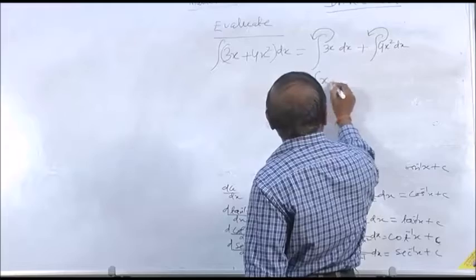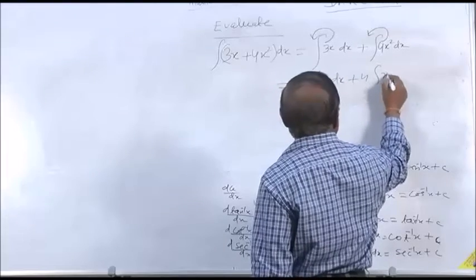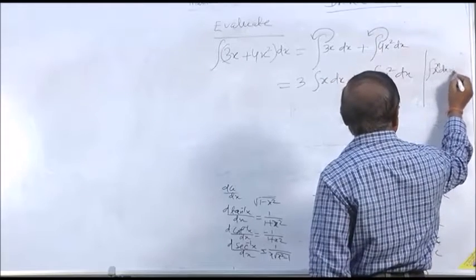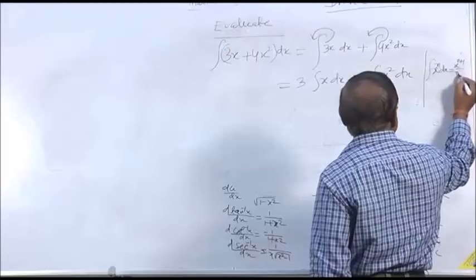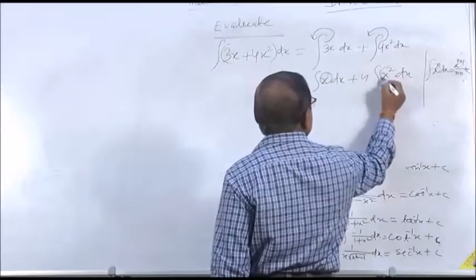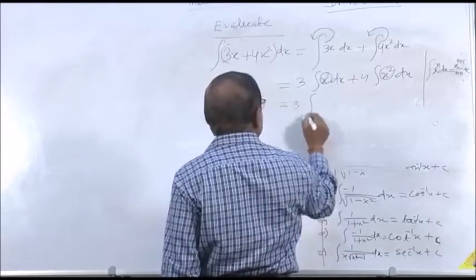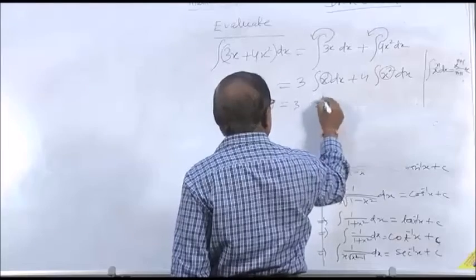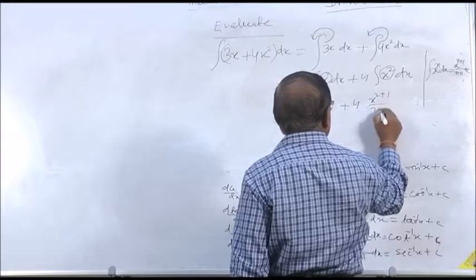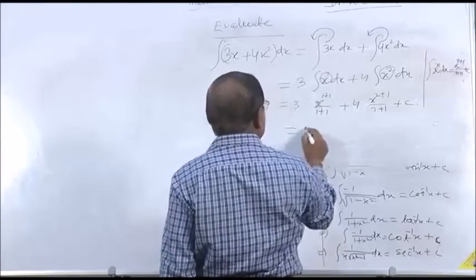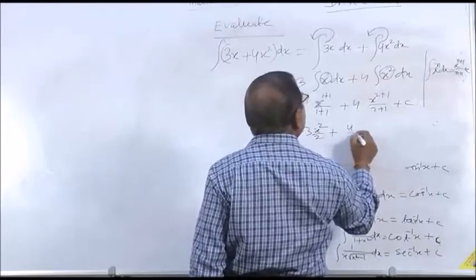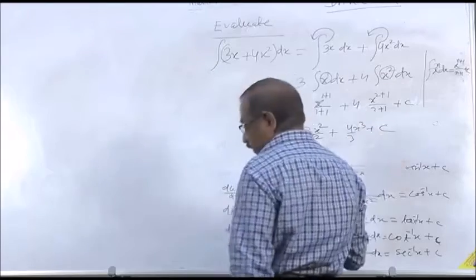So this dx. Yes, we know that formula: the integral of x^n dx is x to the power n plus 1 by n plus 1 plus c. You apply this formula here, this is power 1 here and here. So what you will get? 3 x to the power 1 plus 1 by 1 plus 1, plus 4 into x to the power 2 plus 1 by 2 plus 1, plus c. So this will be c.